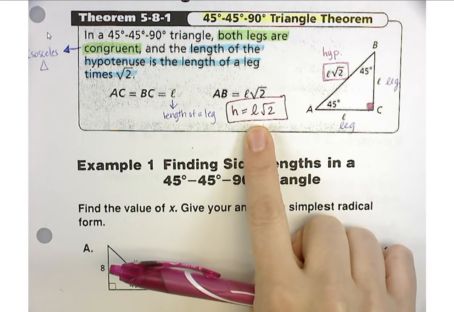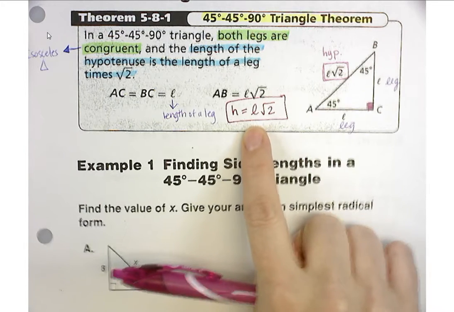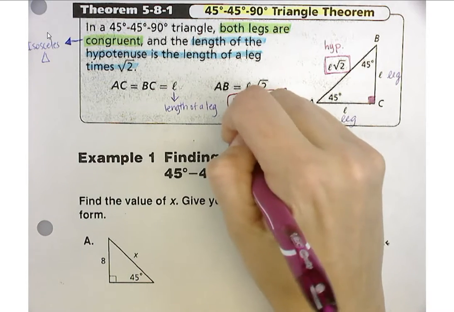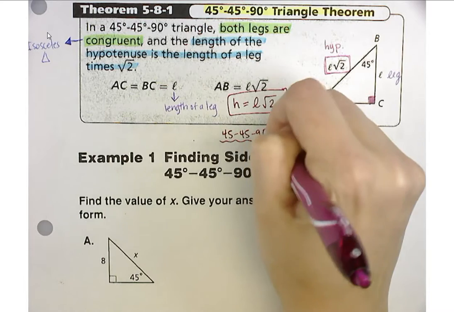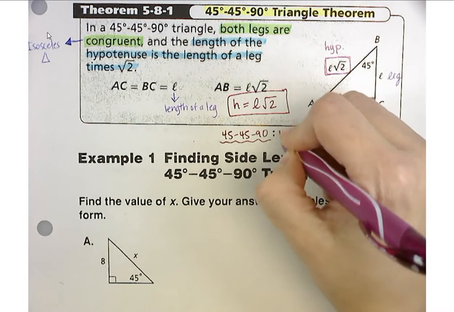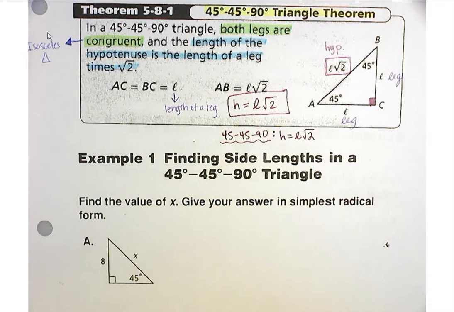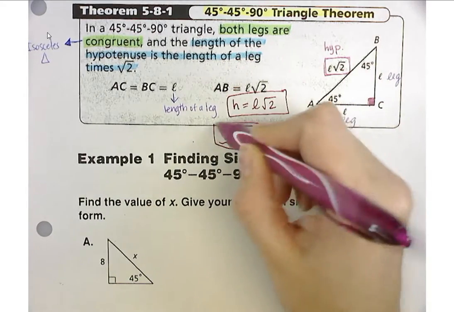So if it's a 45, 45, 90 triangle, you are going to use the fact that the hypotenuse equals the leg times root 2. Okay, so this is only for a 45, 45, 90. So if I say what's the rule for a 45, 45, 90 triangle, you would tell me the hypotenuse equals the length of a leg times root 2. And you just have that one equation for it.